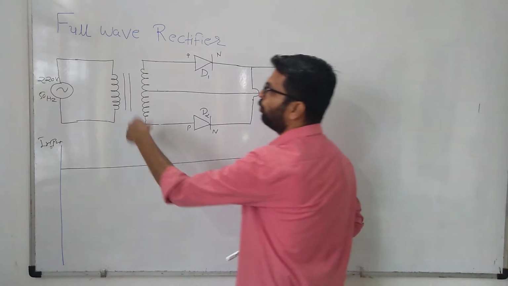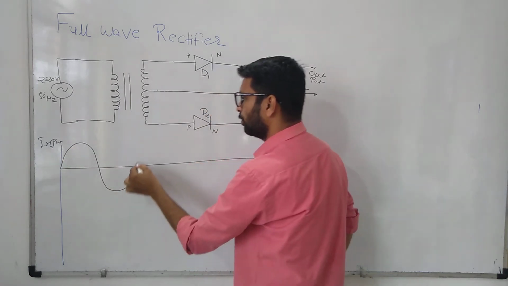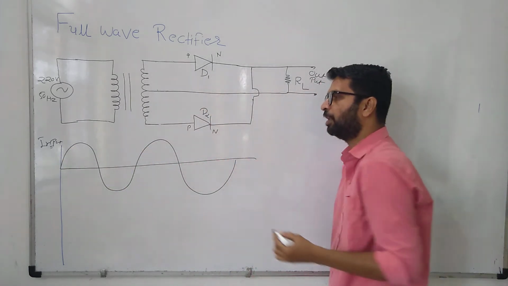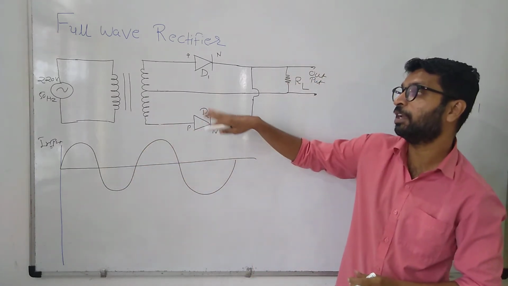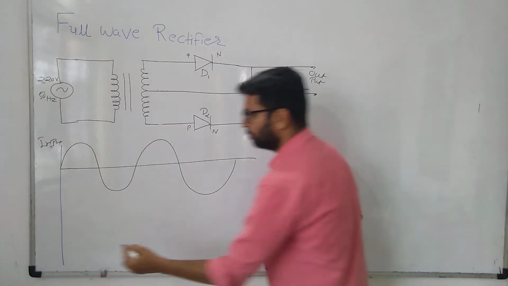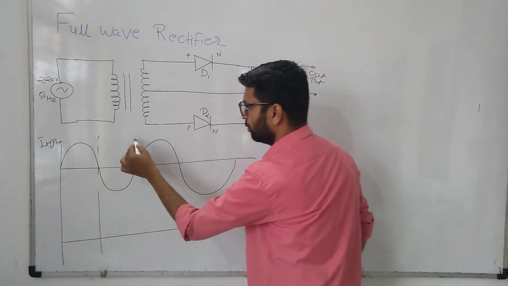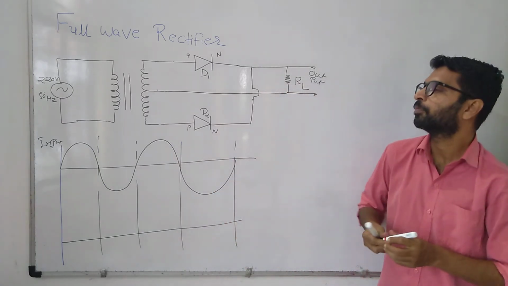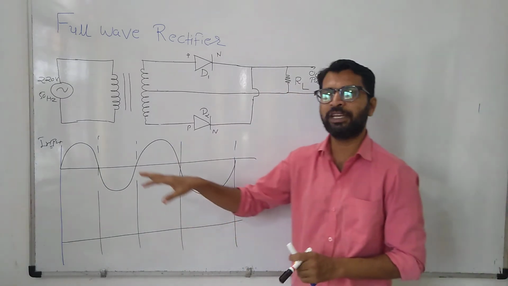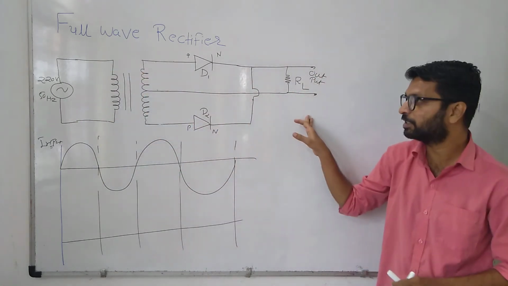As we know, the input is AC, so we will draw an input wave, and then we will draw the output. Now we will understand how this converts AC into DC.